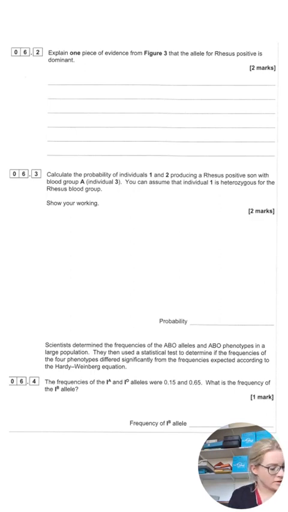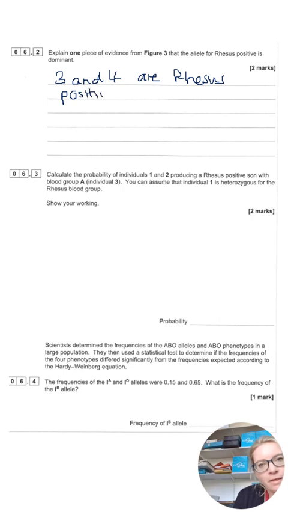So you'd say that 3 and 4 are rhesus positive, whereas they have offspring 7, who is negative.